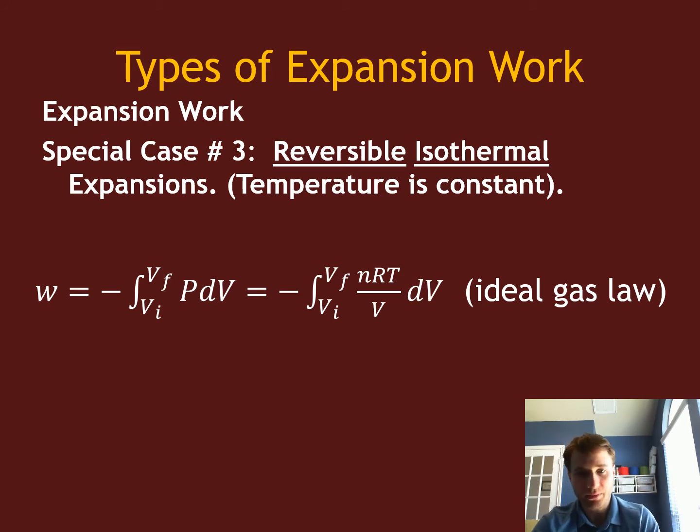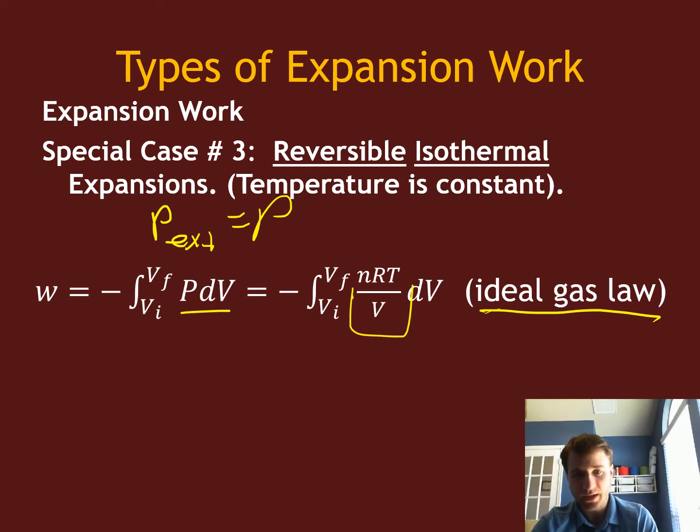So let's talk about the reversible isothermal expansion of a gas, assuming we have an ideal gas here. Now, because it's reversible, that means P external equals the pressure of my gas. So now this integral is the integral of the pressure of my gas times some change in volume. Well, the pressure of my gas depends on the volume based off of the ideal gas law.